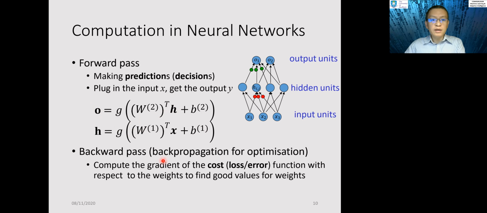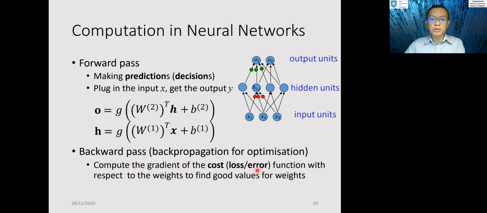And there's another computation which is called the backward pass. This is the backpropagation process for optimizing the model parameters, basically the weights and the bias. What it does is compute the gradient of the cost, or the loss, or the error.